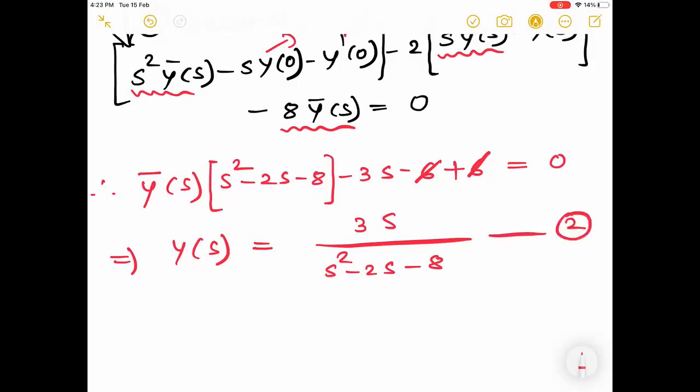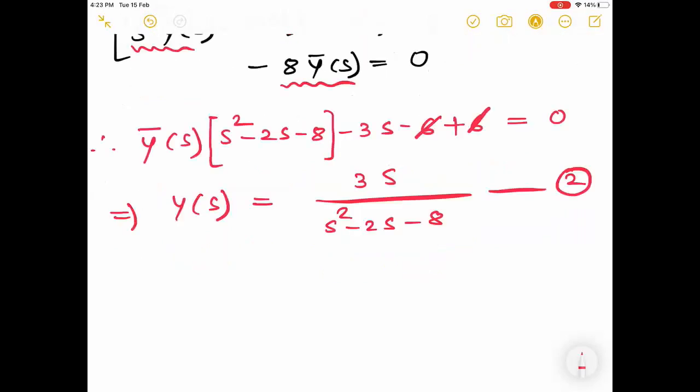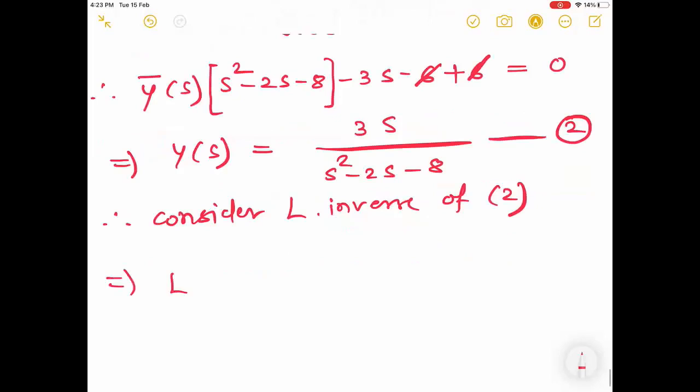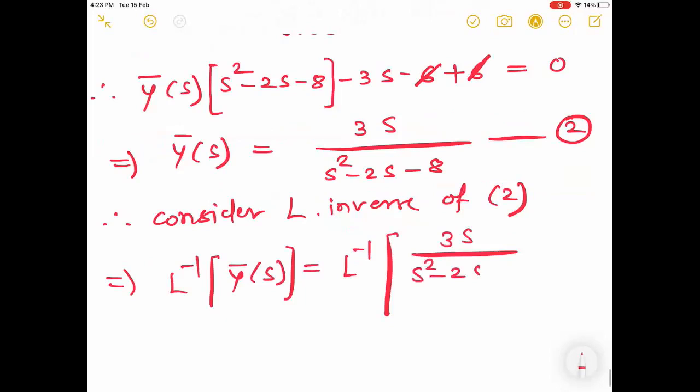So y bar s, you got it. Now you want the solution, that means y of t, a function of t as the solution. So we have to consider, of course, the inverse transform. Therefore, consider now the Laplace inverse of equation 2. On the left hand side, the inverse transform of y bar s, and on the right hand side, the inverse transform of 3s upon s square minus 2s minus 8.